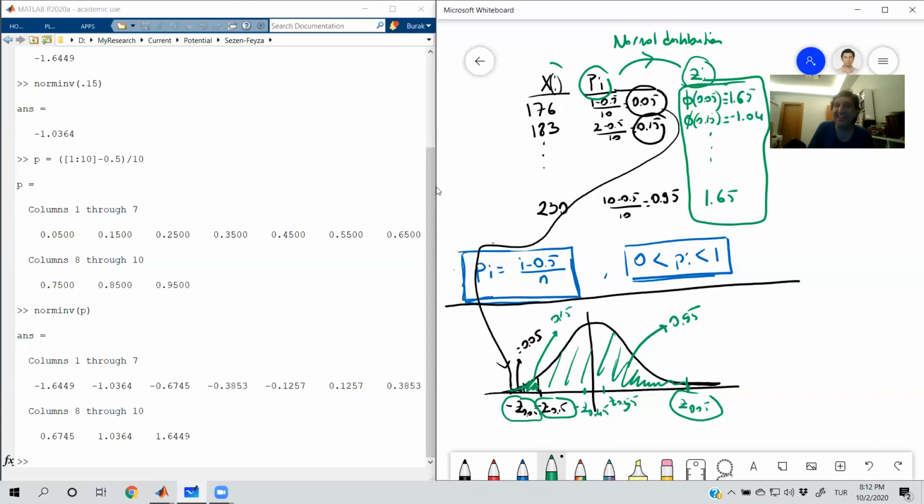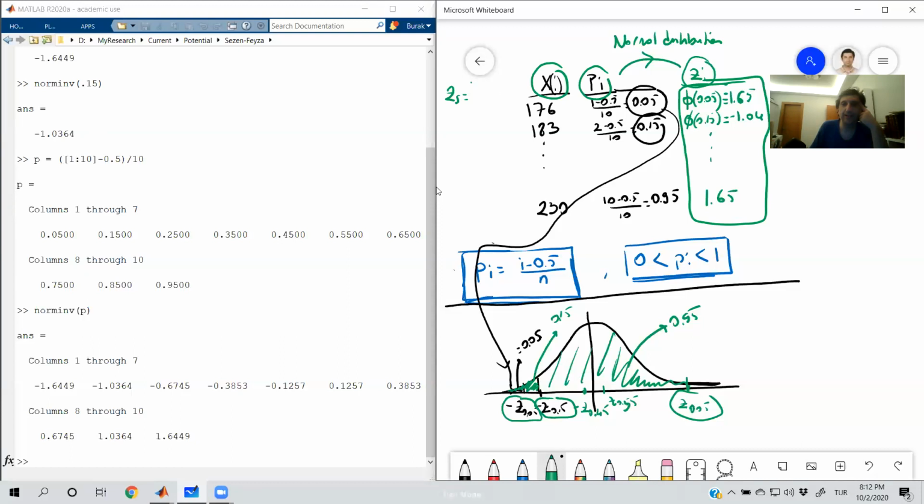On the other hand, these are the actual Xi values. So let's convert these also to standardized values, and let's call these Z sample.